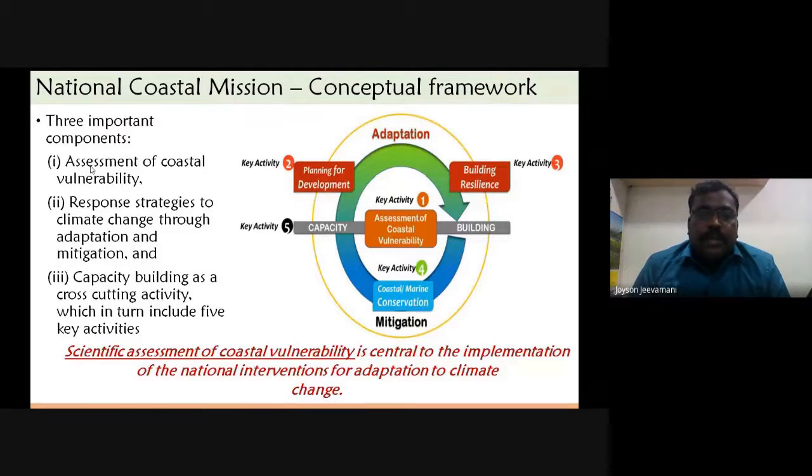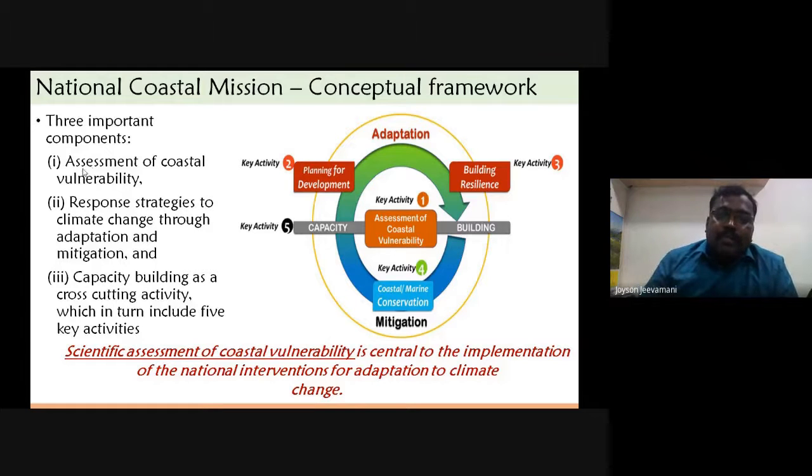And the third is capacity building. Capacity building is a cross-cutting feature in this framework. They have five key activities for capacity building, which include again the coastal vulnerability assessment, planning for development, building the coastal communities' resilience, and coastal conservation and capacity building.